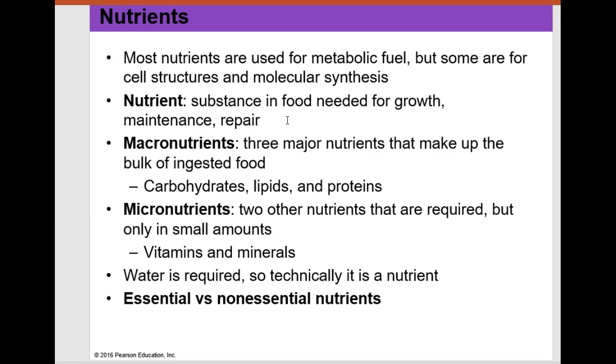Nutrients are the substances that we need for growth, repair, maintenance of body structures, making new cells, bulking up bones, muscles, myelinating axons. So those can be calorie containing, which are the macronutrients, or non-calorie containing, which are the micronutrients.